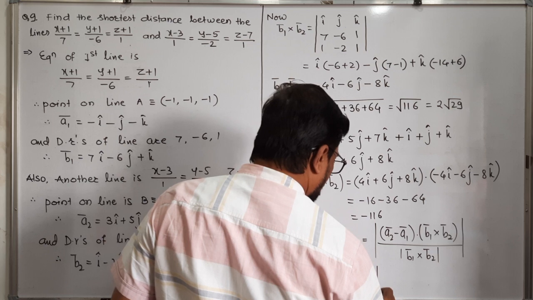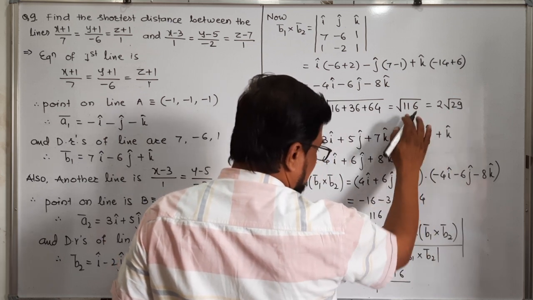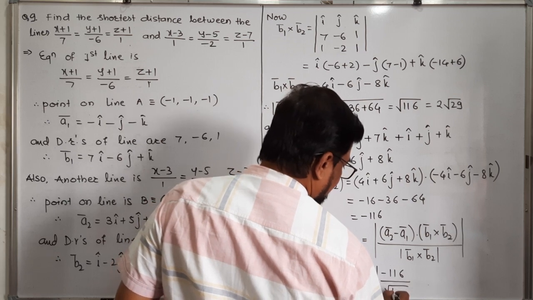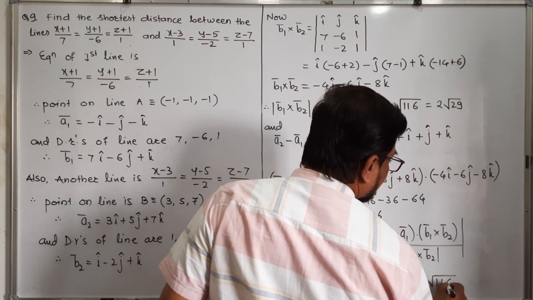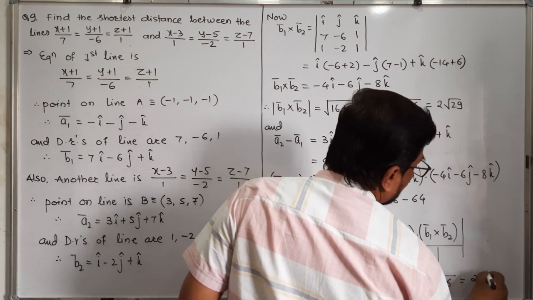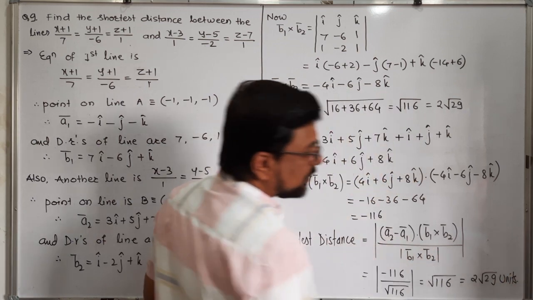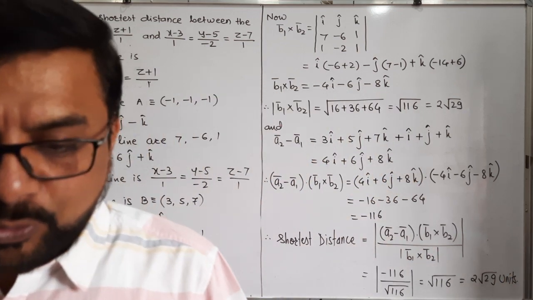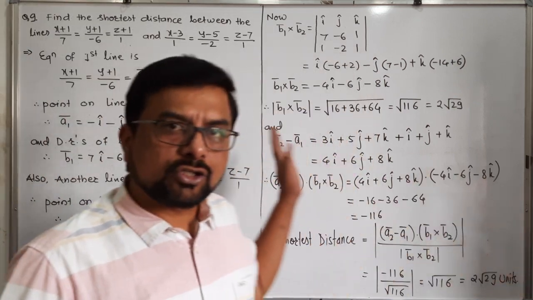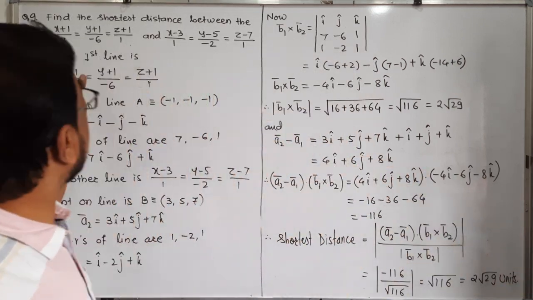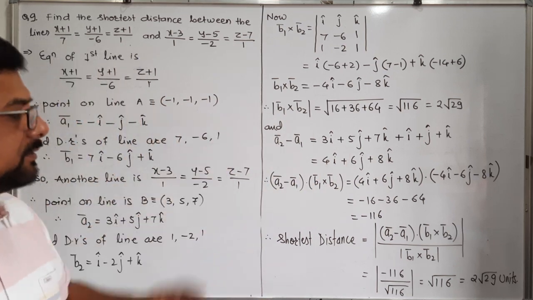This is nothing but mod of minus 116 upon under root of 116, that is 2 into under root of 29 units. 2 into under root of 29 units is the final shortest distance between these two lines. Please take a screenshot or note it down carefully.